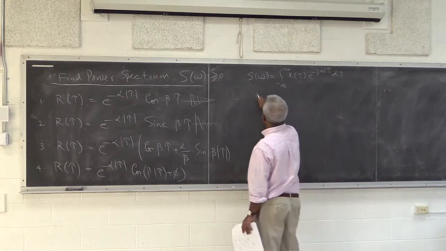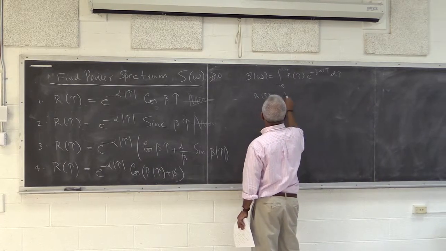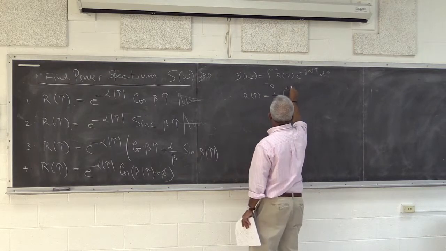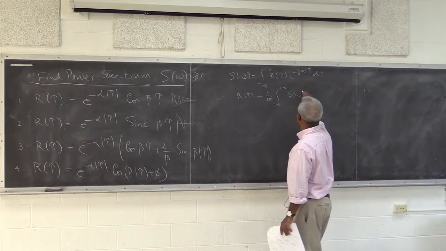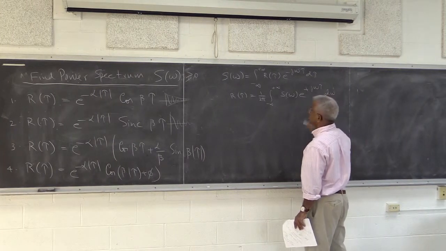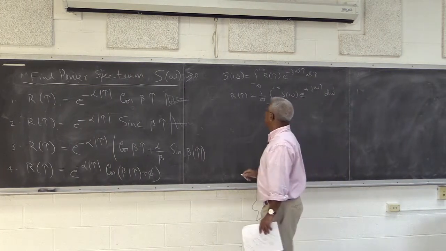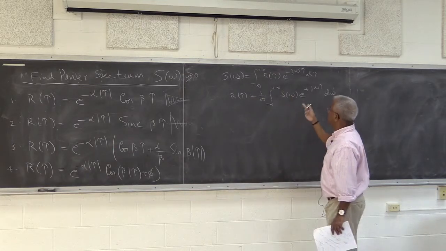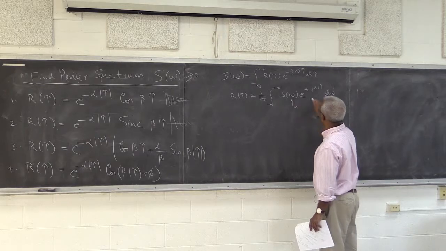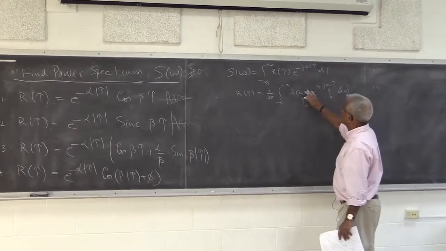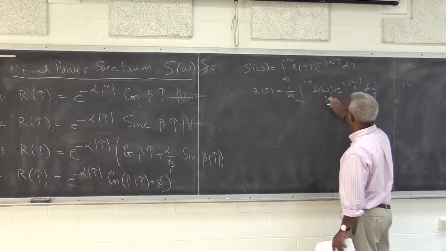From here the inverse relation is r of tau equals 1 over 2 pi, integral from minus infinity to plus infinity of S of omega e raised to j omega tau d omega. The classic expressions. I just want to show this because it may be useful to us. So let me replace this by u, because it's a dummy variable.